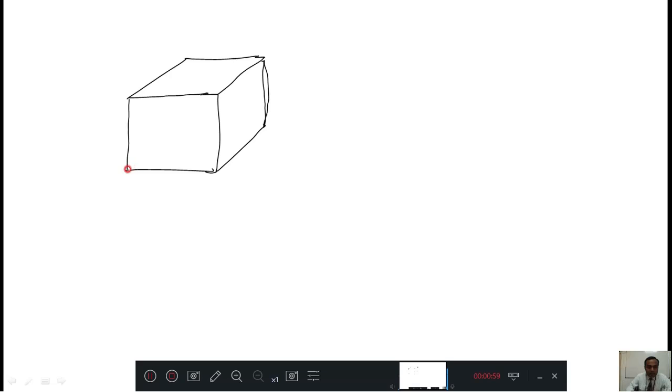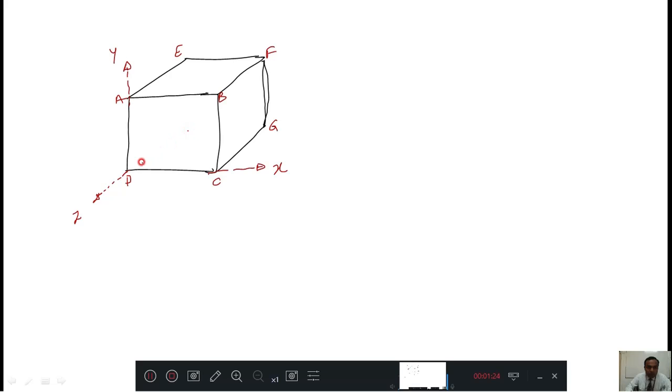Let us consider the axis perpendicular to the plane as the z-axis, the vertical axis as the y-axis, and this axis as the x-axis, right? Then I can call this A, B, C, D, E, F, G.